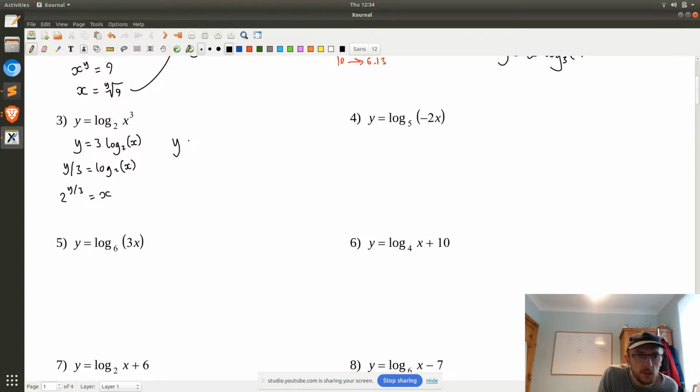And so, well, y is equal to 2 to the x over 3, I think. And here, 5 to the both sides. Then divide both sides by -2. And then swap the variables. Is it not the case?